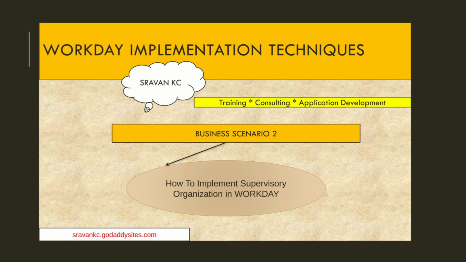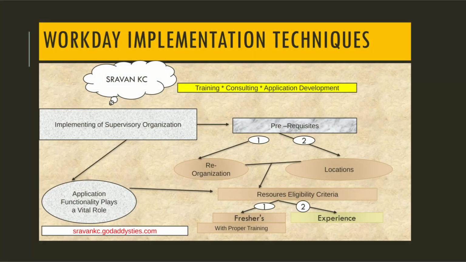The implementation of Workday HCM, and we would like to implement HCM. What is the primary organization structure in Workday? It is the supervisory organization. To implement a supervisory organization, from the resources perspective and to configure the application, as we discussed, application functionality plays a vital role.